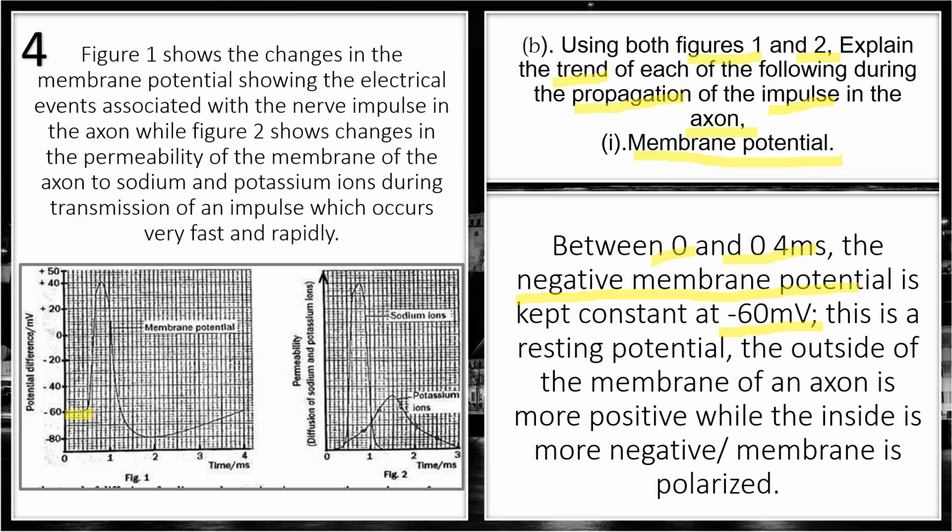This is the resting potential. The outside of the membrane of the axon is more positive, while the inside is more negative. So we say the membrane is polarized.